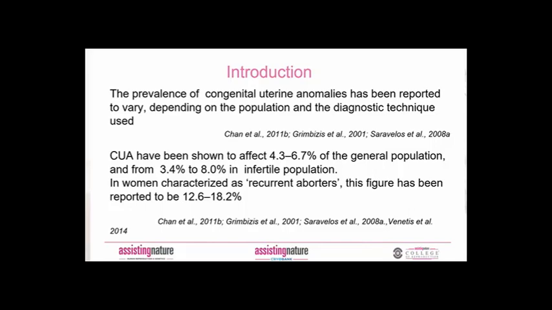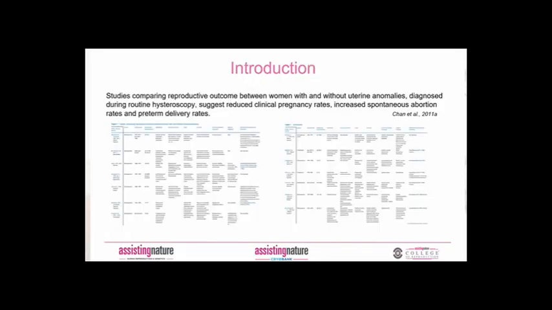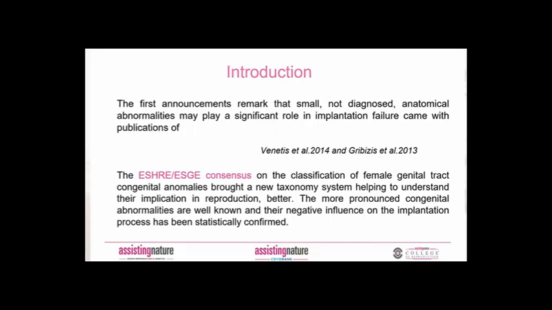In women characterized as recurrent aborters, the figure has been reported to be 12.6 to 18.2%. Studies comparing reproductive outcome between women with and without uterine anomalies diagnosed during routine hysteroscopy suggest reduced clinical pregnancy rates, increased spontaneous abortion rates, and preterm delivery rates.